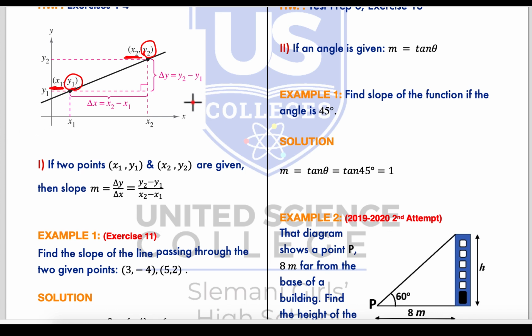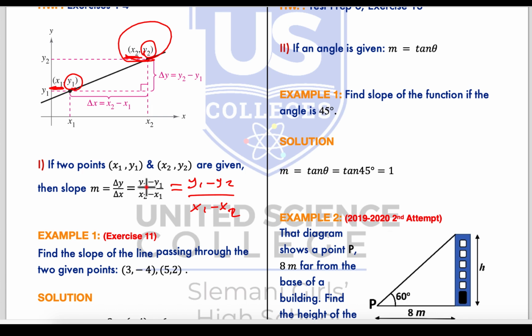The important thing here is, if you start with the second point for y, you have to start with the second point for x. So it is y2 minus y1 over x2 minus x1, or y1 minus y2 over x1 minus x2. So starting with the first point here, you have to start with the first point here too.